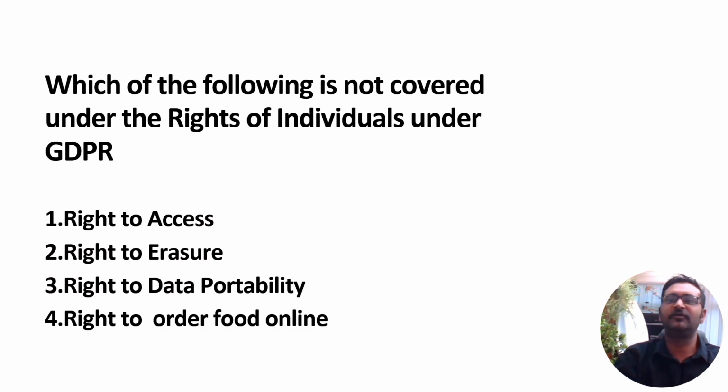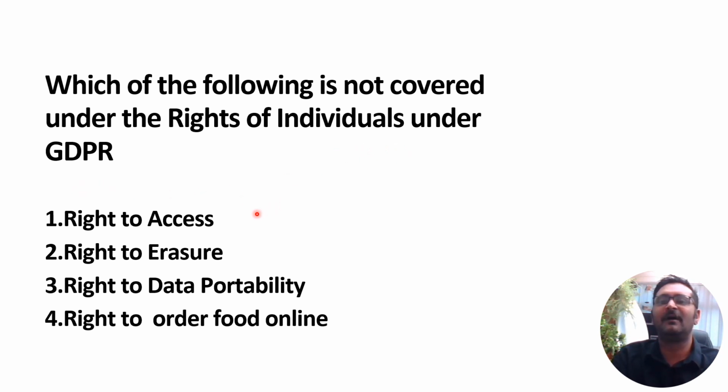Okay, second quiz. Which of the following is not covered under the rights of individuals under GDPR? Okay, so what have we got here? We have got the right to access, we have the right to erasure, right to data portability, or the right to order food online. So which of these is not covered under the rights of individuals under GDPR?